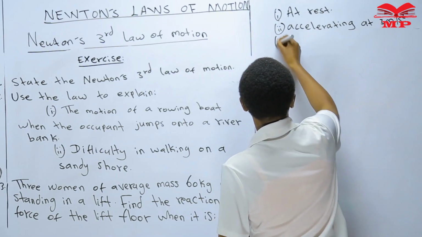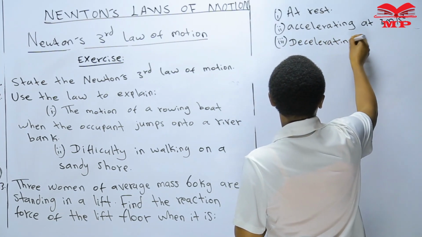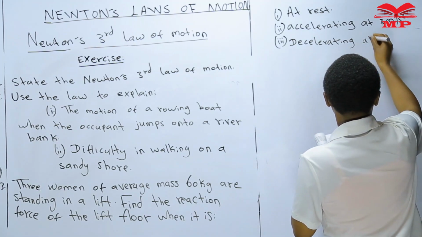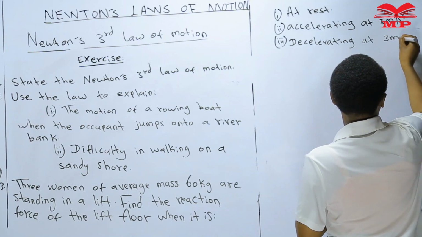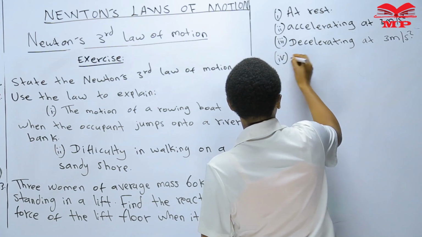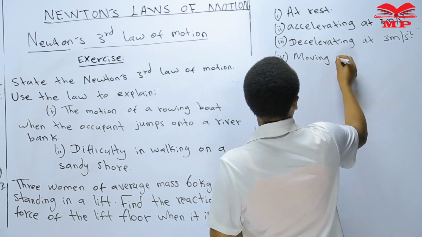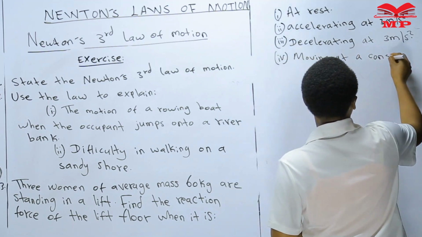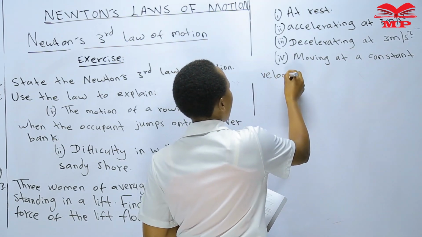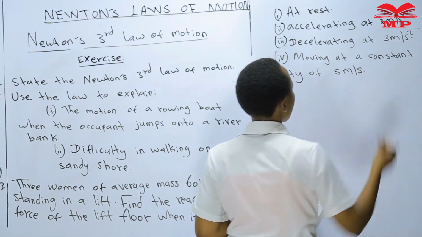Number 3, when the lift is decelerating at 3 meters per square second. And finally, number 4, when it is moving at a constant velocity of 5 meters per second.